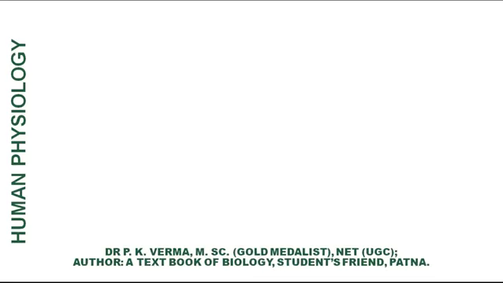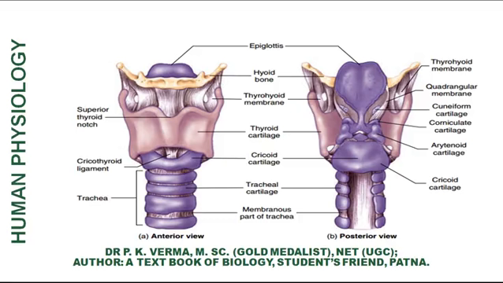See the diagram of larynx and trachea from the ventral as well as dorsal side. The first diagram shows the anterior view, that is ventral view. Here the superior thyroid notch and the thyroid cartilage are shown.